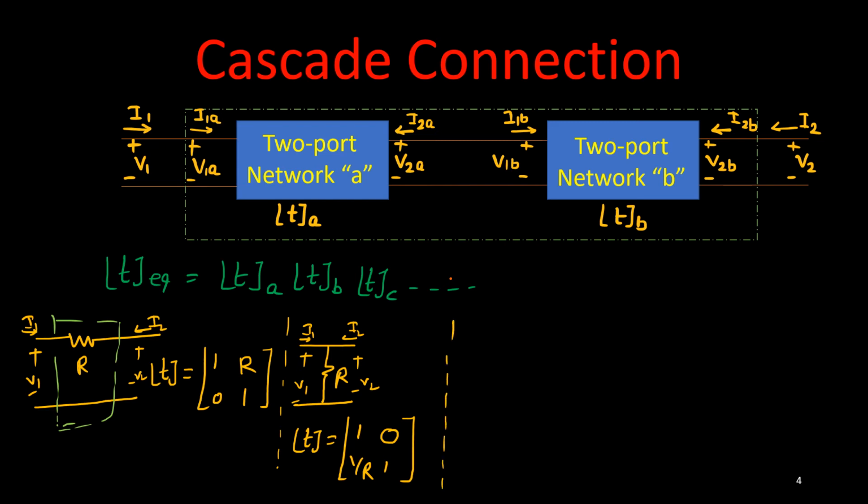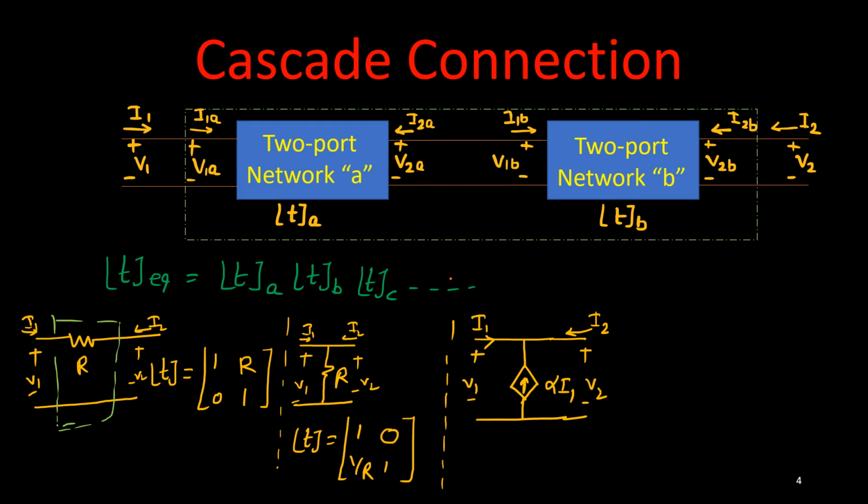Now I'll introduce one more concept. Suppose this is a network with current I1 and a dependent source like this, alpha times I1. This is the first port voltage V1, the second port voltage V2, and the output side current I2.